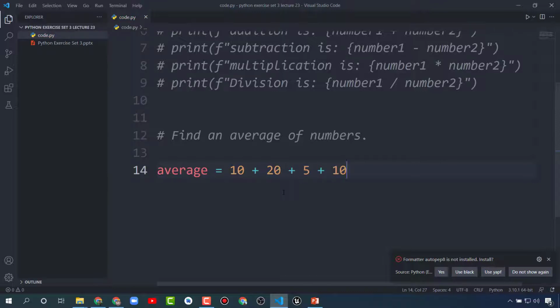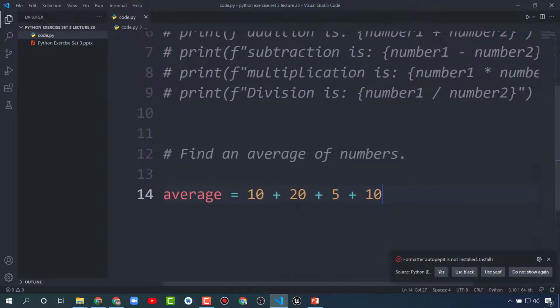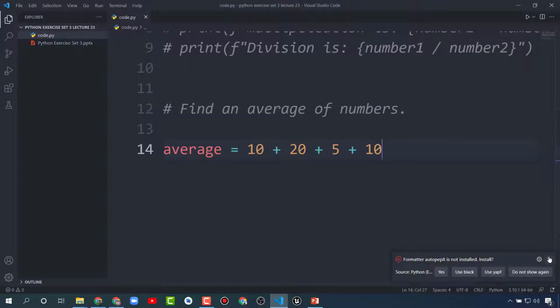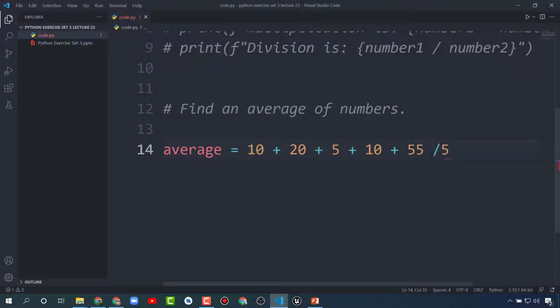You can write any numbers. We are solving the average, and divide these numbers, 1, 2, 3, 4, 5. So divide by 5.